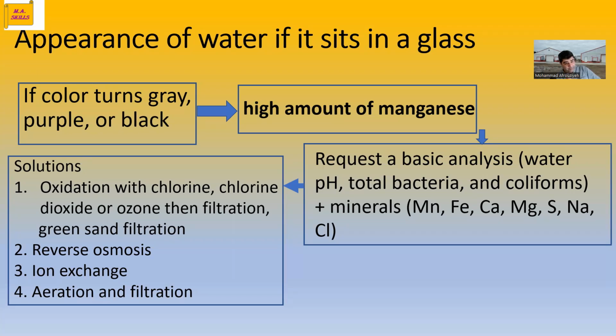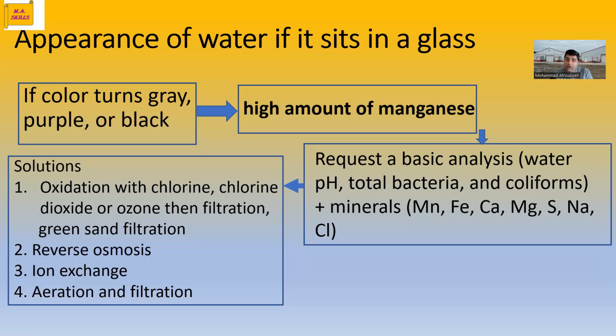If that was the problem and your water manganese was high, then there are some solutions. For example, you can oxidize your water with chlorine, chlorine dioxide, or ozone, and then filter it using green sand filtration.